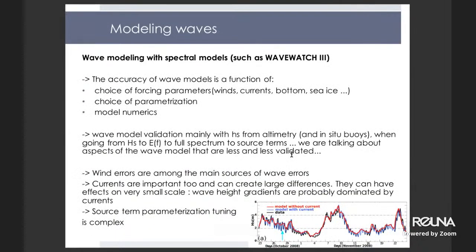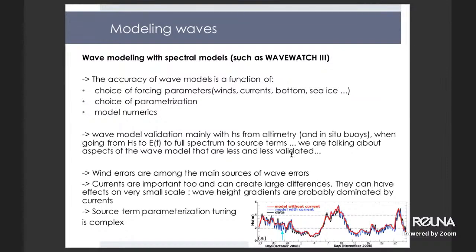One word about the accuracy of wave models. It's obviously a function of the choice of forcing parameters, which are winds, currents, water level, sea ice, etc., a choice of parametrizations, and a choice of model numerics, like every model. Wave model validation is mainly done using HS from altimetry and in situ buoys when they're available.